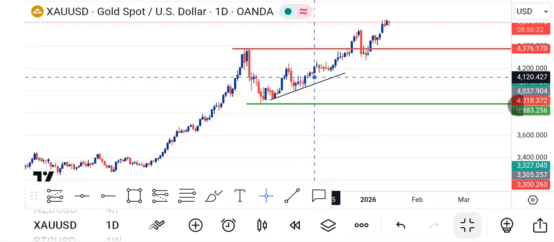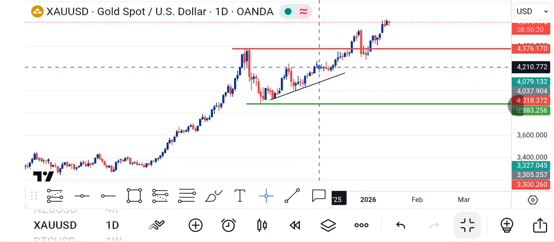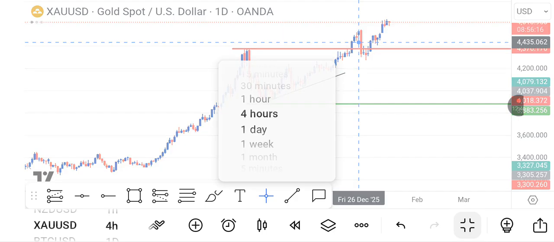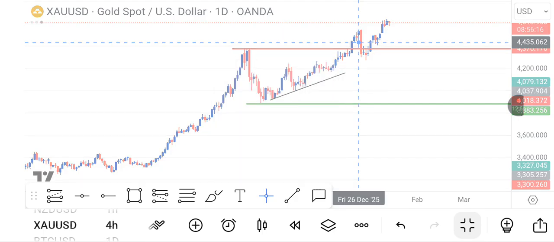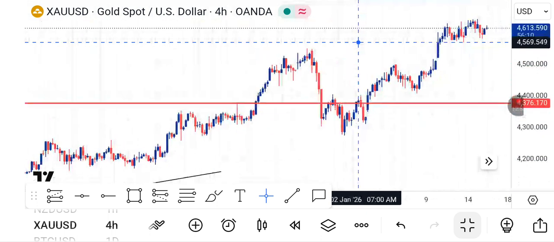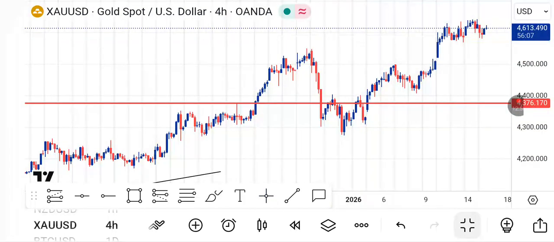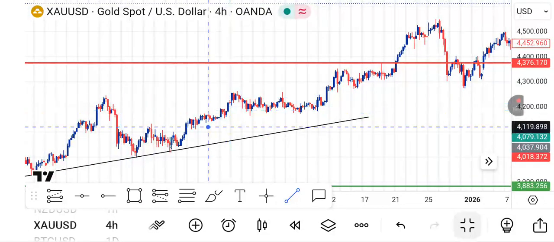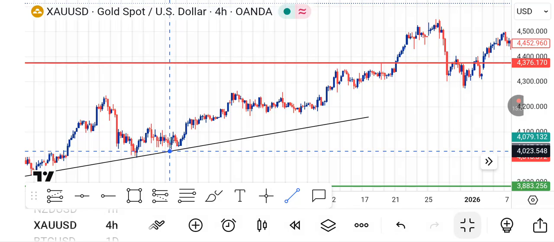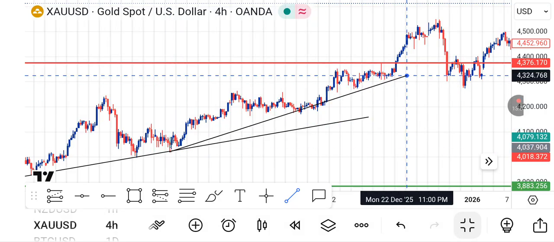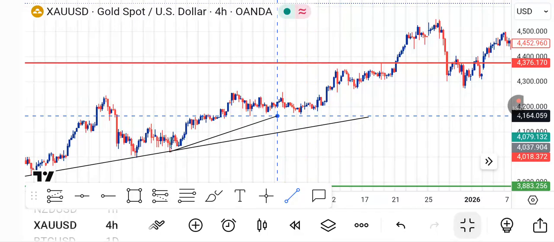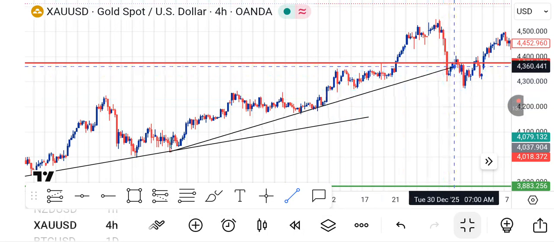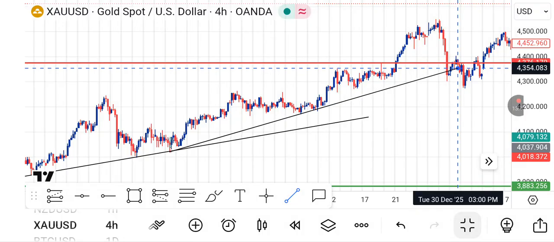So let's see if there's a way to connect a trend line with this correction. This is how it is here. Then you extend, as I said, first touch, second, you extend. You see it?